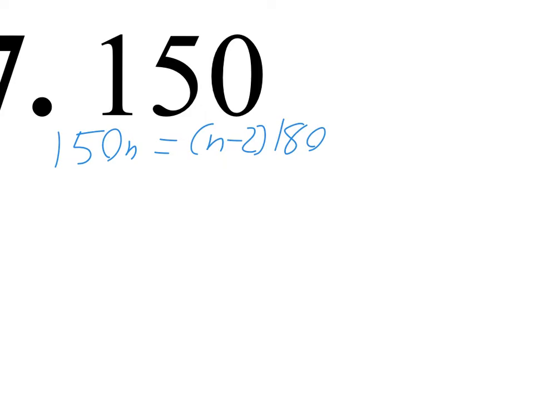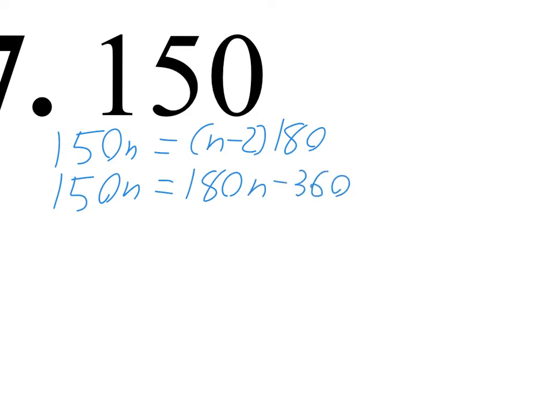Distribute that 180. 150n is equal to 180n minus 360. Subtract 150n from both sides. Negative 30n is equal to negative 360. Divide both sides by negative 30. N is equal to 12.